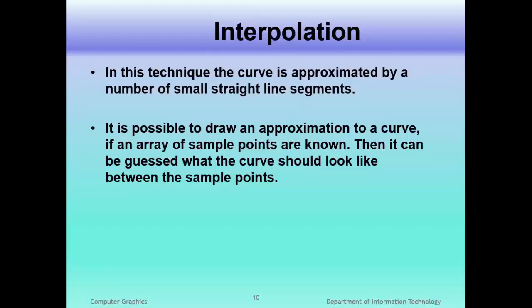It is possible to draw an approximation to a curve if an array of sample points is known. Then it can be guessed what the curve should look like between the sample points.